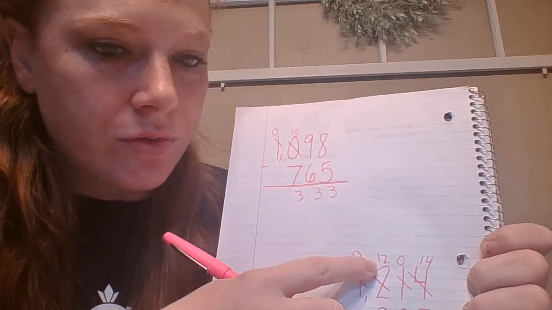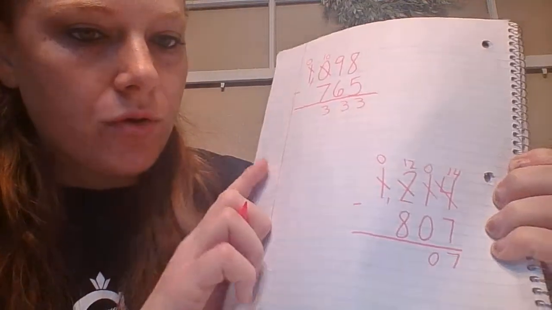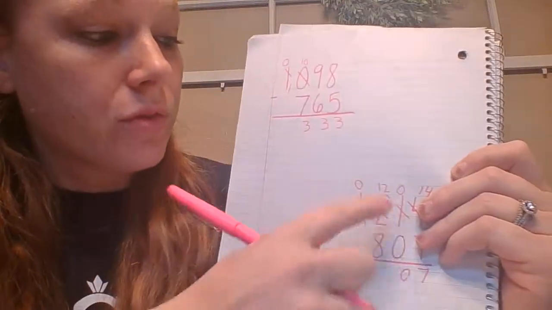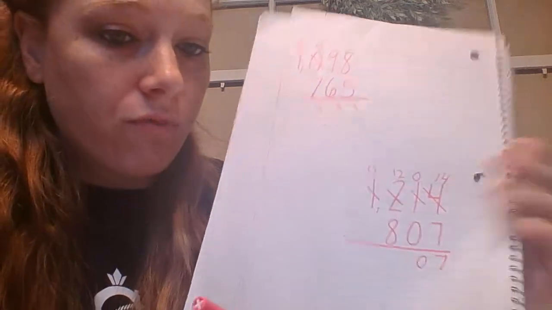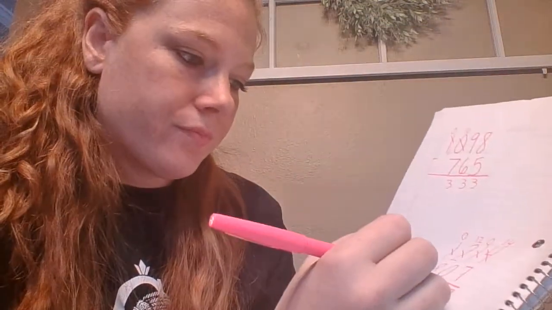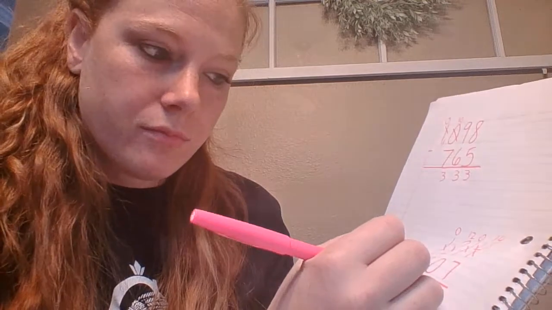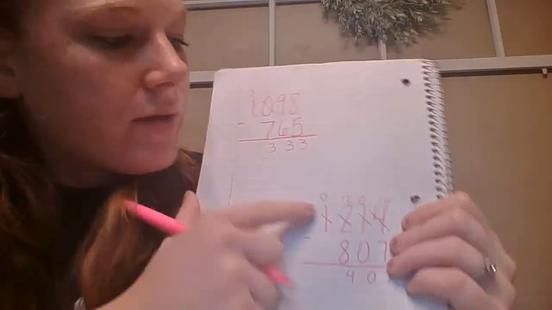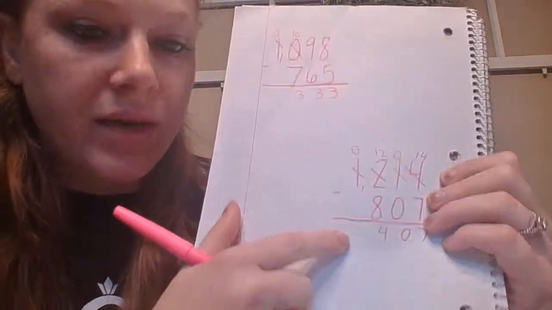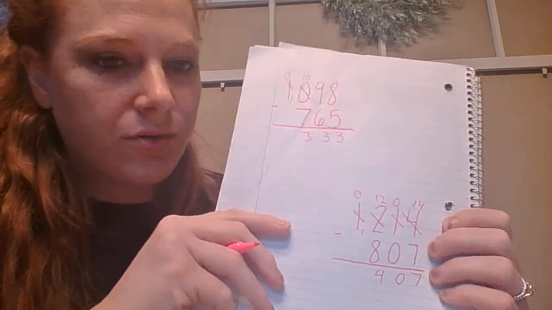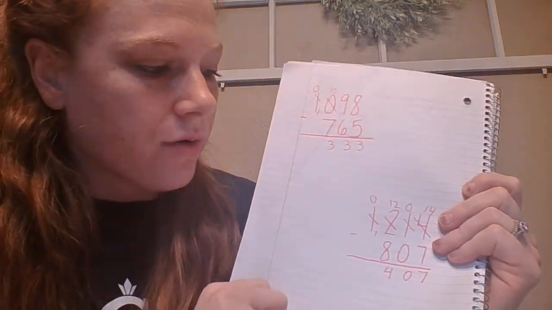So you're now going to do 12 minus 8, which is 4. And then once again we have 0 minus 0. Because it's at the beginning, you do not have to put the 0 there. So your final answer is 407.